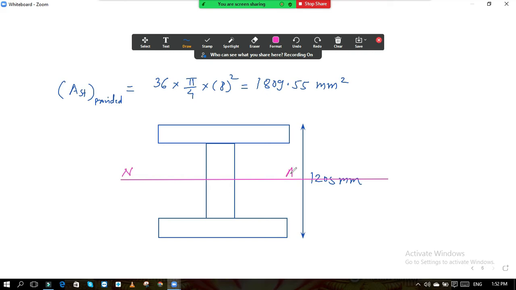Neutral axis. Okay. So now if you provide these many, AST provided is 1806, that is 36 bars. Okay. So here you can provide the 6 cables.